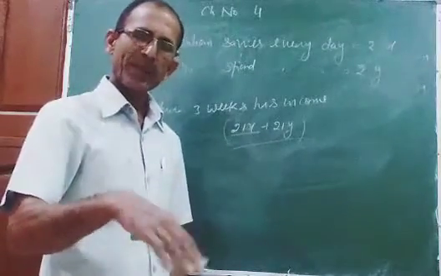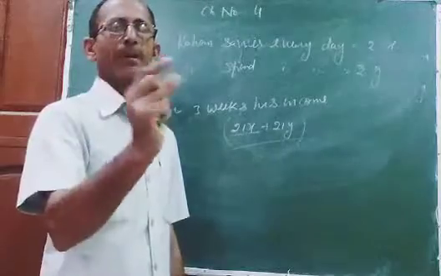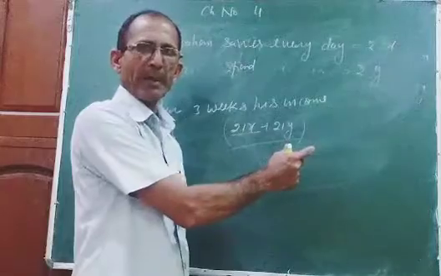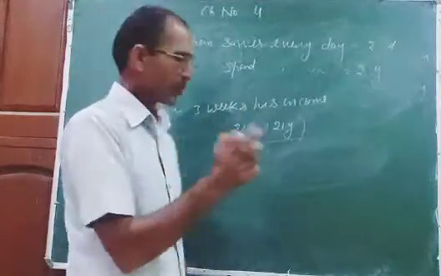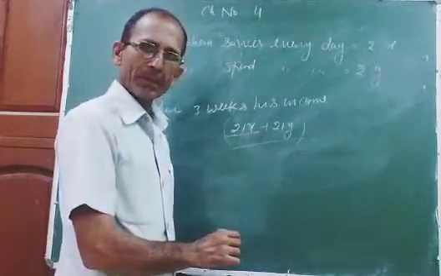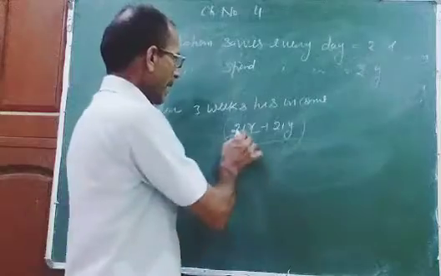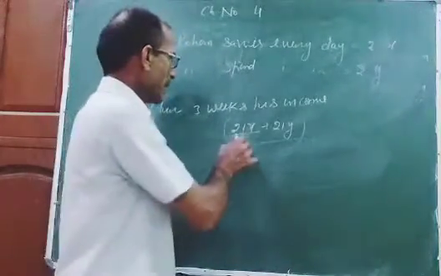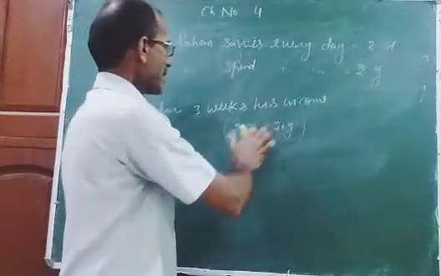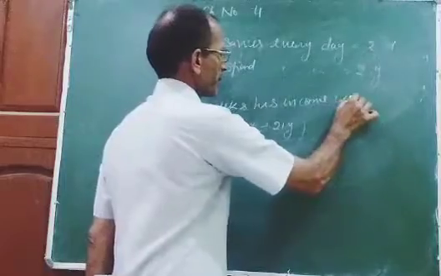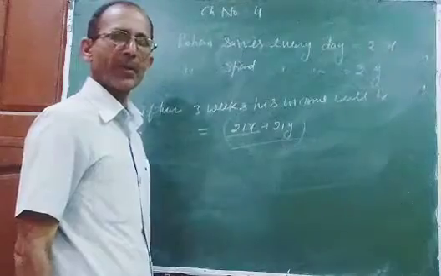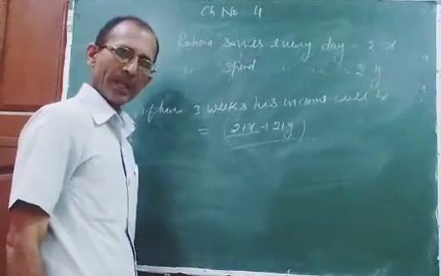Expenditure is 50 and saving is also 50, so by adding we get the total. It means if expenditure and saving are added, that will be equal to total income. So in 3 weeks he will spend 21y and save 21x, and the total will be the income. So after 3 weeks his income will be 21x plus 21y. Any doubt, any confusion? Understood?